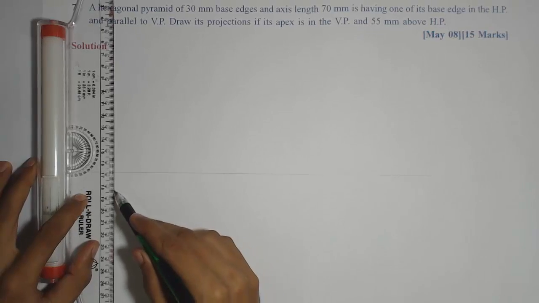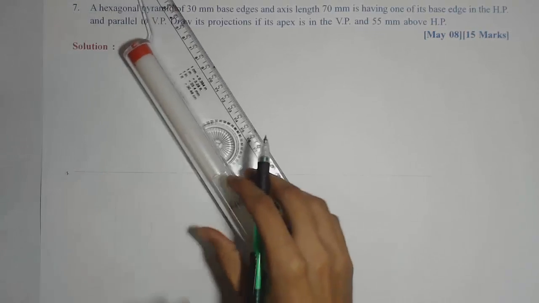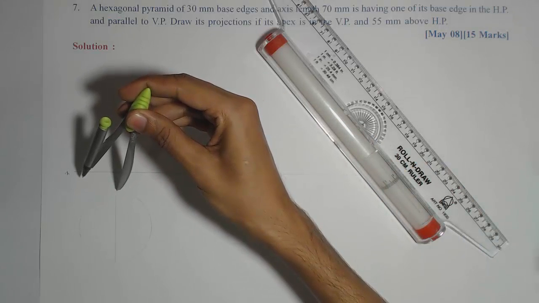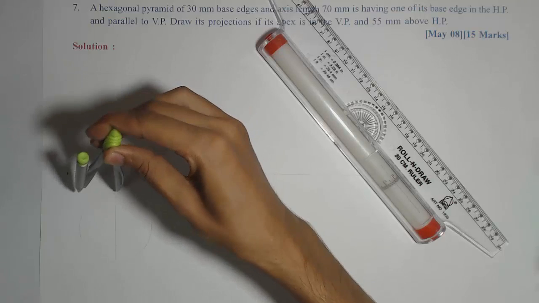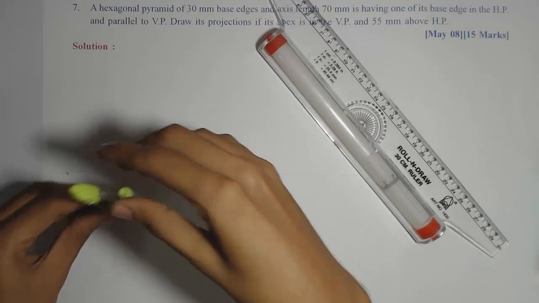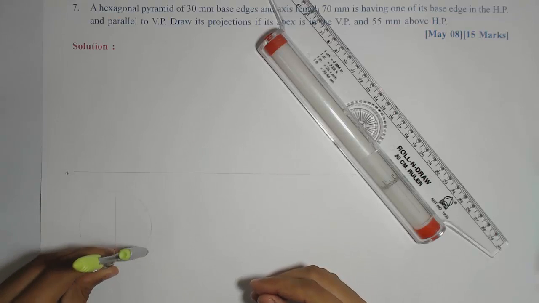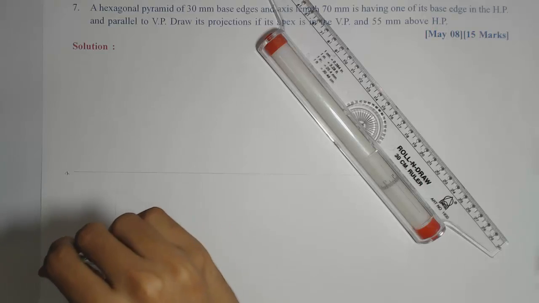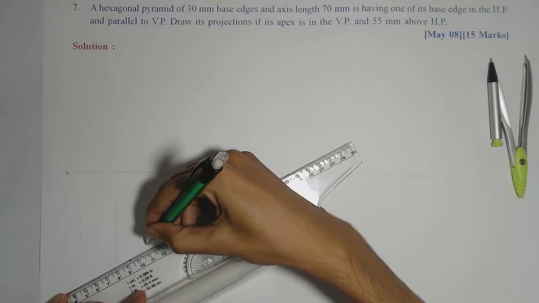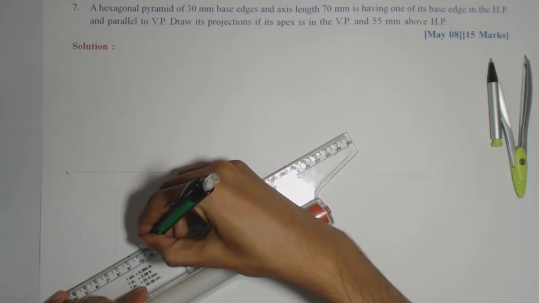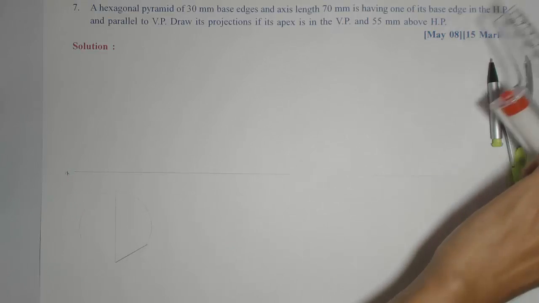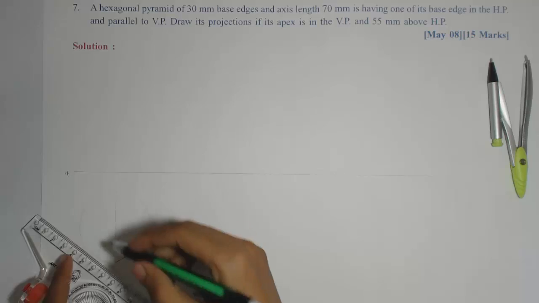With this vertical diameter, we'll take the same distance in the compass, and from both the ends of that vertical diameter mark two arcs to get the divisions for drawing the hexagon. Similarly from the other end. So obviously after completing the hexagon, we'll get two edges perpendicular to XY, one on the right hand side and one on the left hand side.